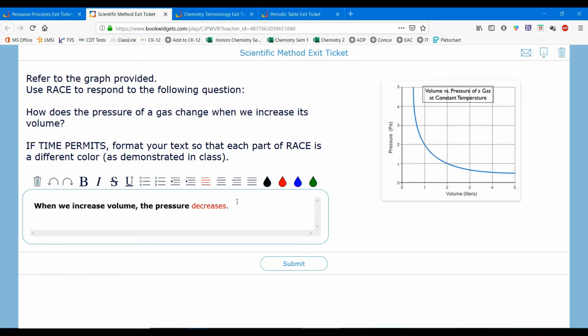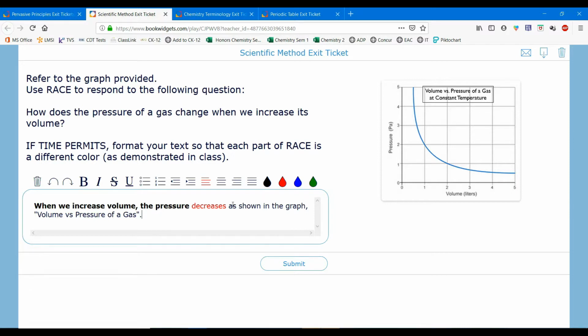Now we've got to do C. So I'm going to erase my period, and I'm going to write as indicated, or we don't have to use a fancy word, as shown in the graph, and you give it a formal title, volume versus pressure of a gas. You can include the rest of that or not. Period.